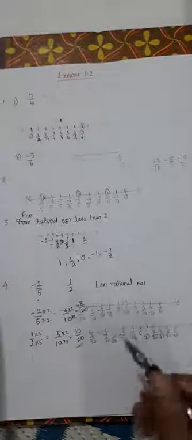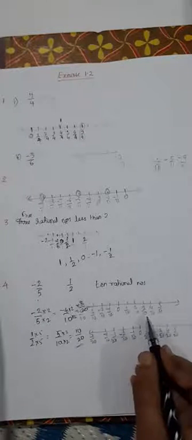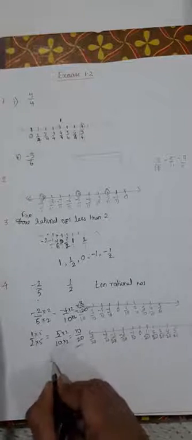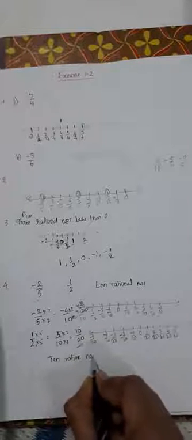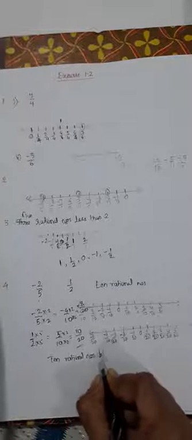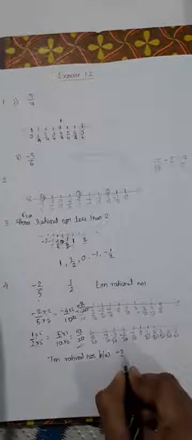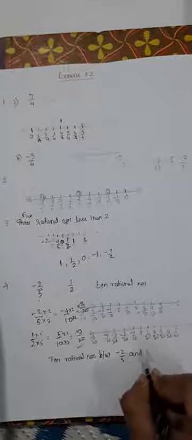Now from this you can collect the 10 rational numbers, or list any 10 rational numbers between minus 2 by 5 and 1 by 2.